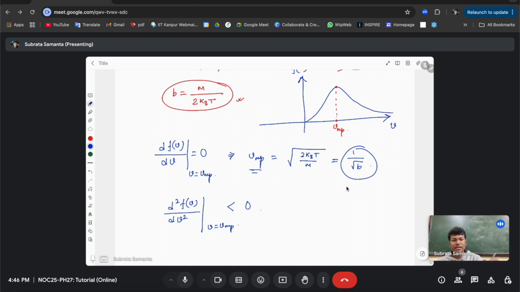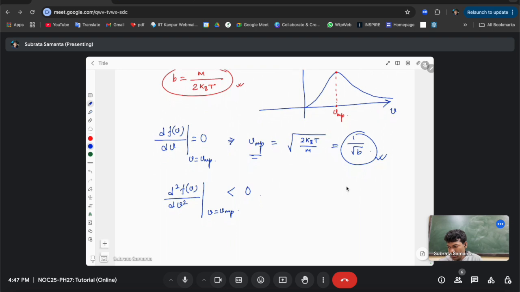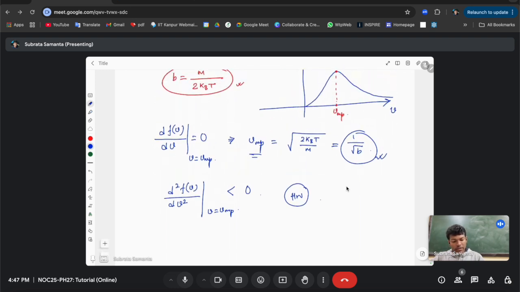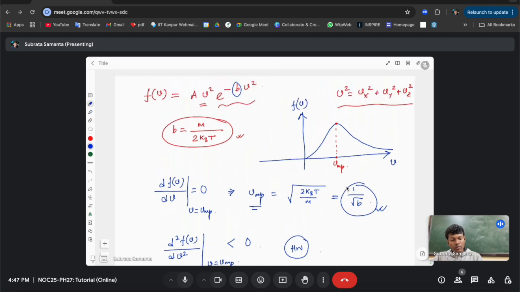That means this is a maximum, not a minimum, because the second derivative at this value of v_mp is less than 0. This is your homework task: just check this. More importantly, v_mp is proportional to 1 over the square root of B, where B is this scaling.